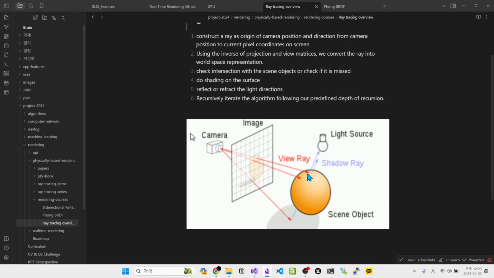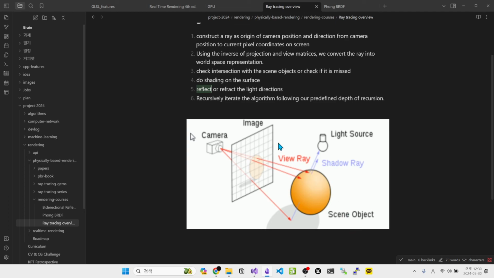It means that we determine the color of the object, and we reflect or refract the light directions. So if this was a transmissive, transparent object like glass, the light will refract through the surface in this direction.